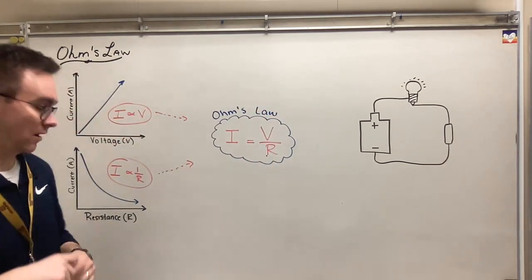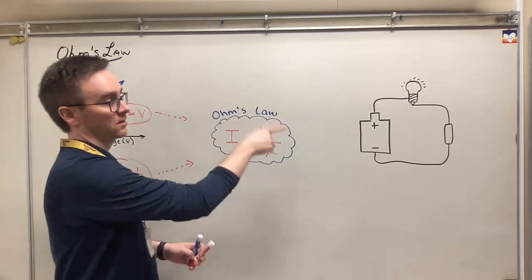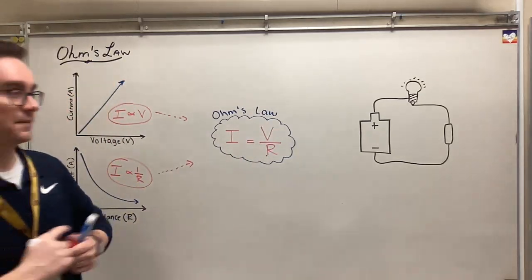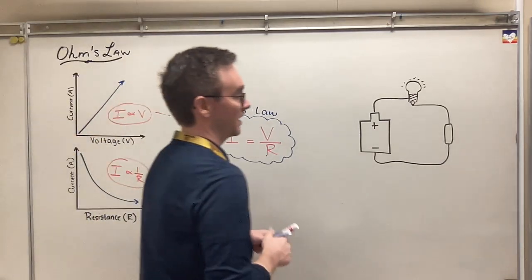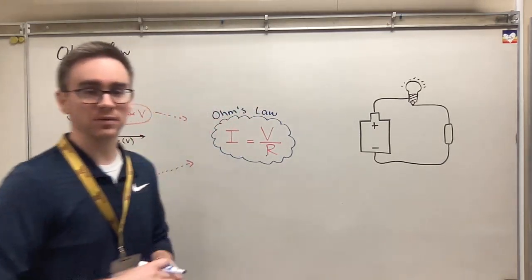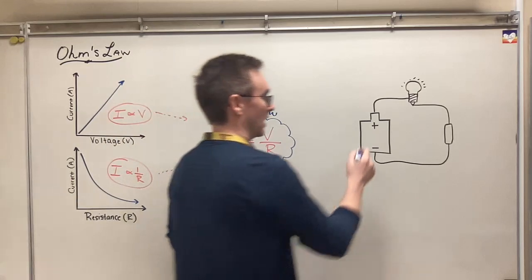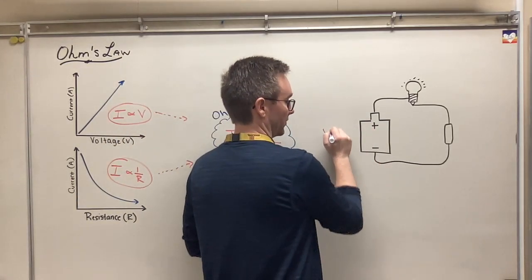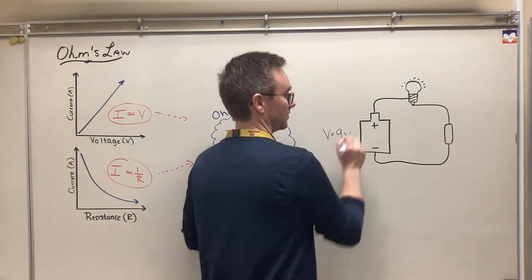Now, if we were going to try and calculate it using a circuit here, let's say I have a battery that's providing 9 volts. So we have a voltage of 9 volts.